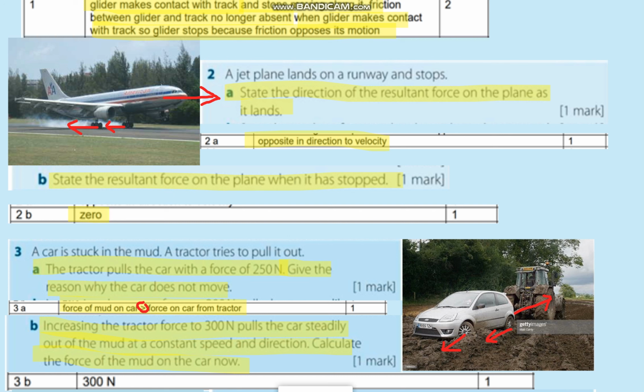If it's going at a constant speed and direction, then that must mean that the resultant force is zero, and therefore the forces in opposite directions must balance each other out. Therefore, if it's being pulled with a force of 300 newtons, the force of the mud on the car in the opposite direction must also be 300 newtons to balance that force and allow the vehicle to be moving at a constant speed and direction.